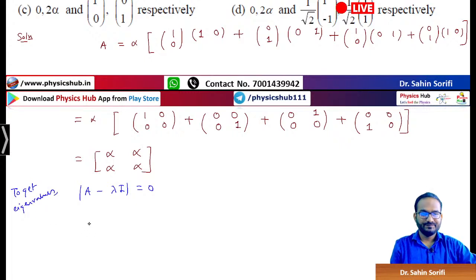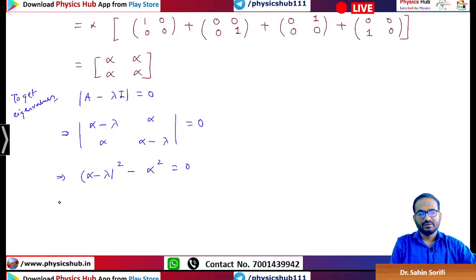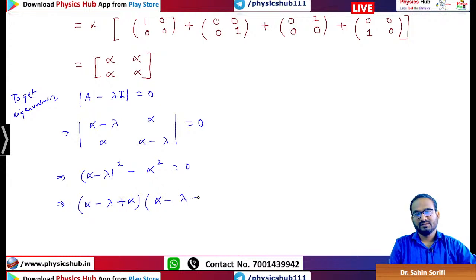A minus lambda I equals 0 gives you alpha minus lambda, and this alpha will remain as it is. So this is alpha minus lambda whole square minus alpha square equals 0. That means, using the a square minus b square formula, alpha minus lambda plus alpha times alpha minus lambda minus alpha equals 0.